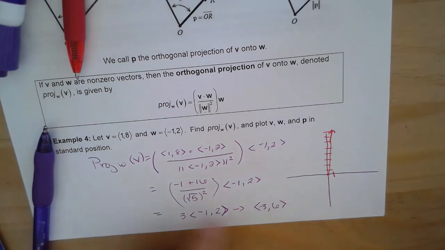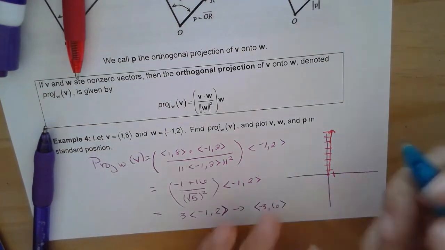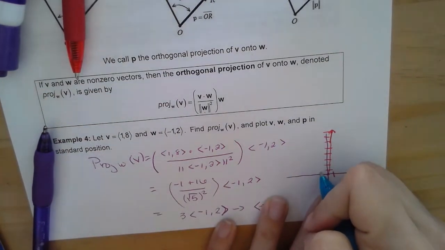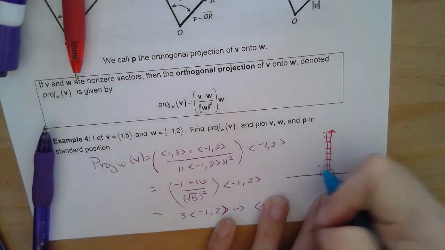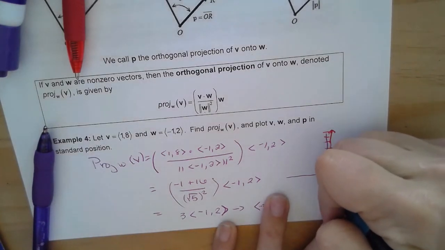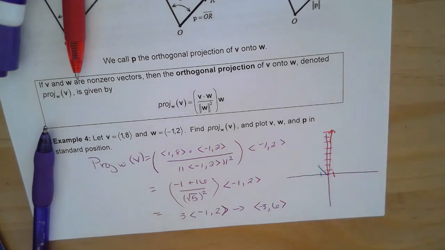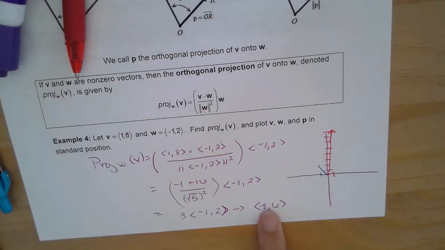Now we're going to get w. w is negative 1, 2. Now, what I'm going to do, and this is the other way I'm doing this, is plot negative 3, 6, and we'll see if it creates that 90-degree angle.